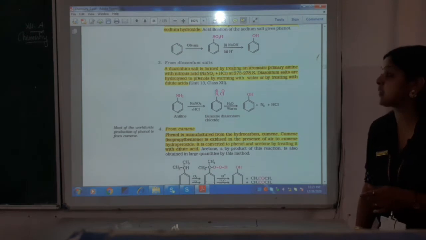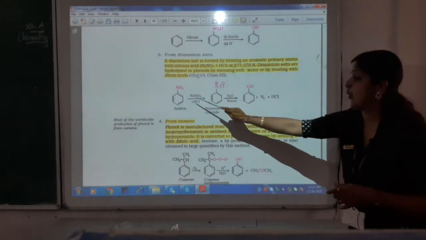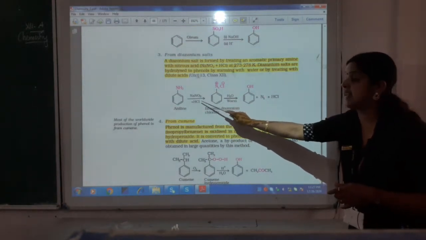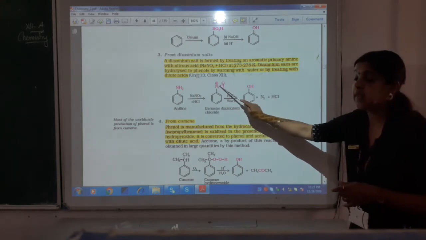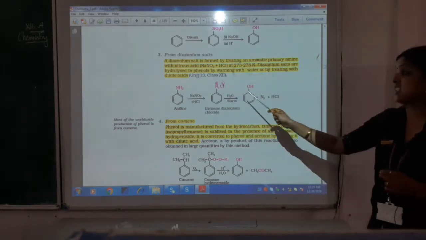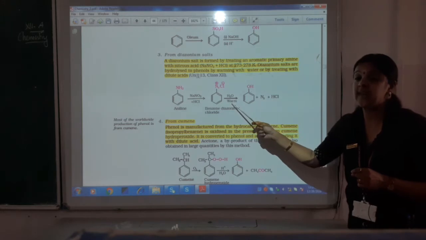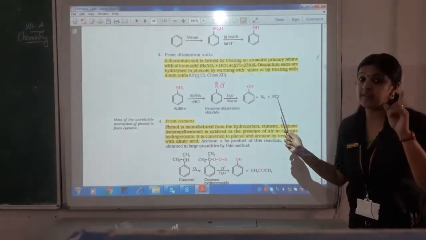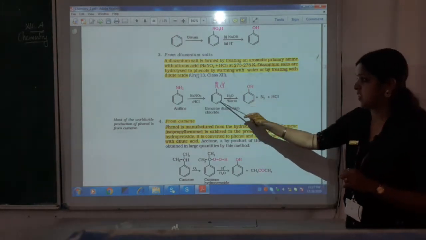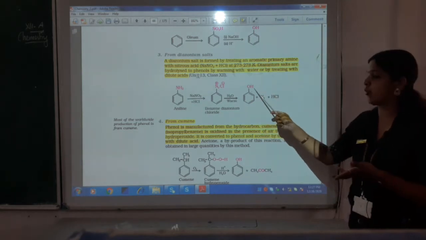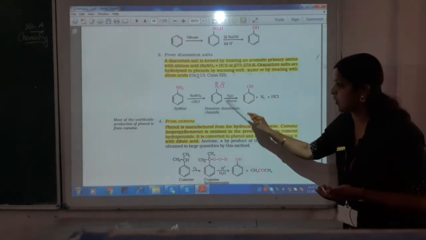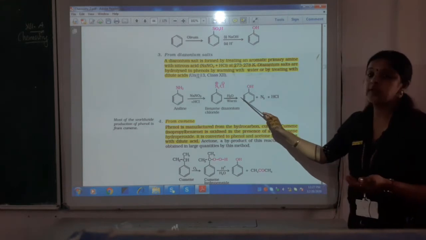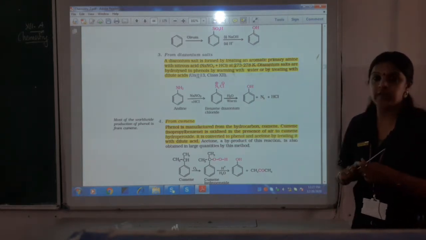Remember children, aniline, when treated with sodium nitrite and HCl, gives N2Cl. In Sandmeyer's reaction we were using Cu2Cl2 and Cu2Br2, or KI for iodine. Here, just warming and hydrolyzing, you get your phenol. So the same diazonium salt, when treated with water and warming, gives phenol.